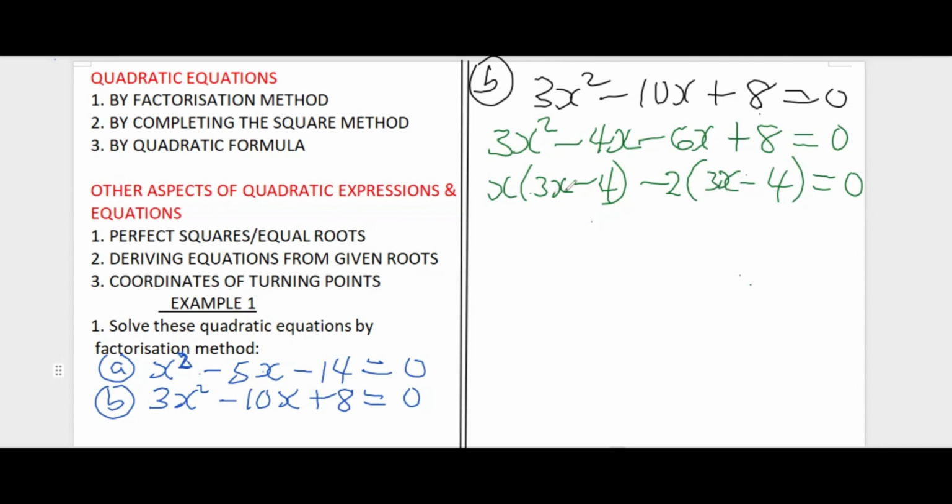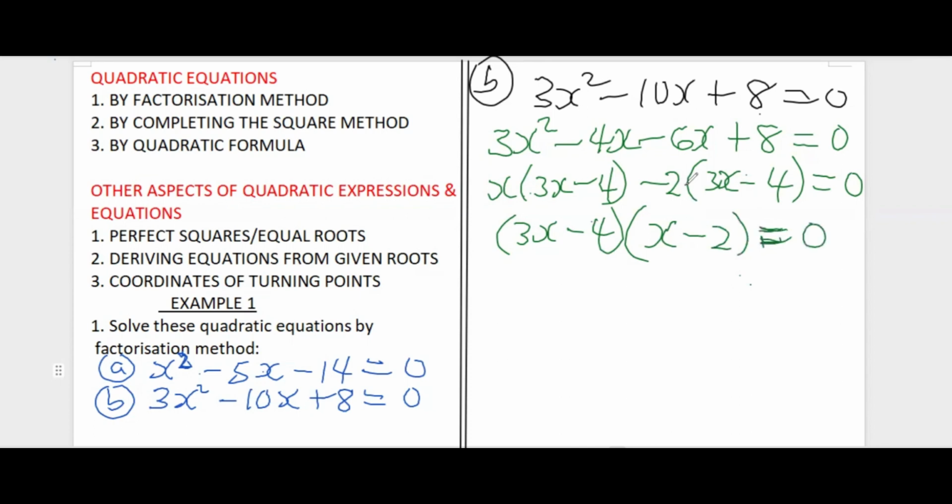Now, in between the two terms, it is the value inside the parentheses that we can say is common. That is 3x minus 4 into, if you use the whole of this divided by this, you have x left. Negative this divided by this, the two brackets will cancel. You have negative 2 left, equals 0.